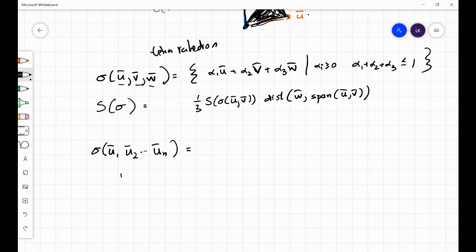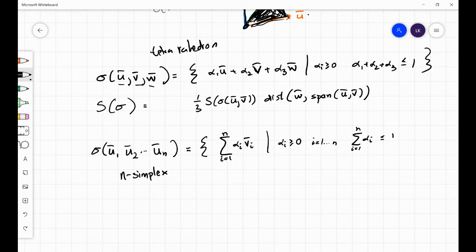And so the n simplex, you would have to practice writing as all combinations of these n vectors, such that all the coefficients are not negative, and their sum is less than or equal to 1.